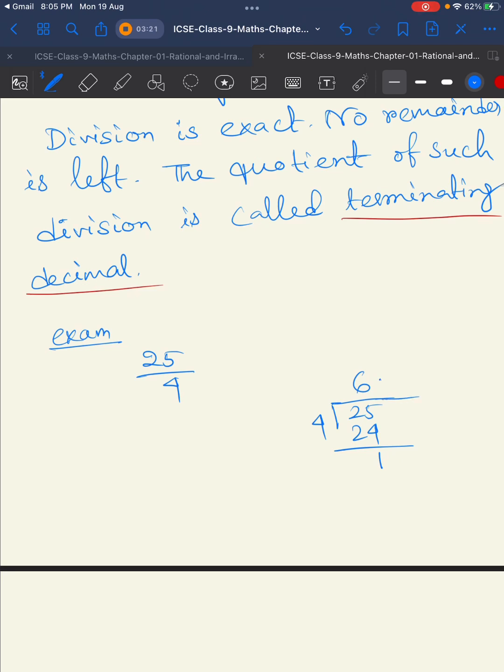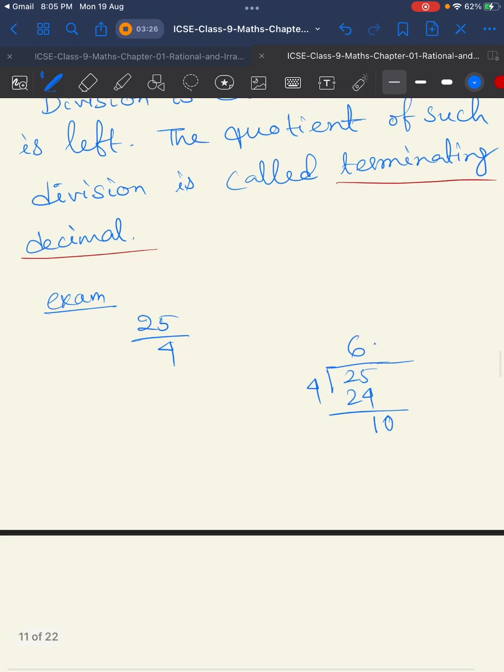Now we put a point in the quotient. So here we take 0. Now 4 twos are 8. We bring down 2.